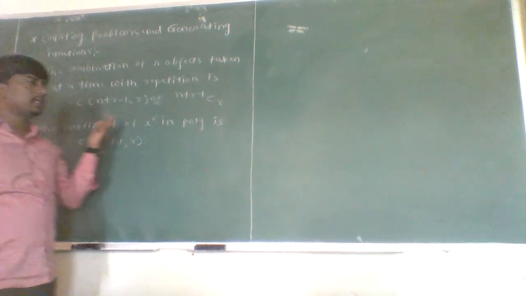So here we have to use this one and find out the coefficient of x to the power r in any polynomial. Let us see some examples depending on this one.